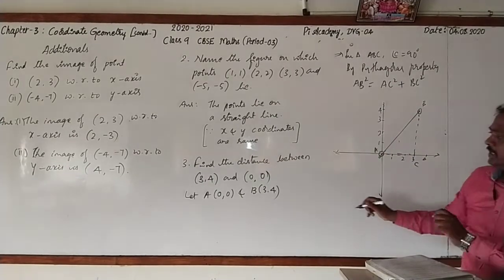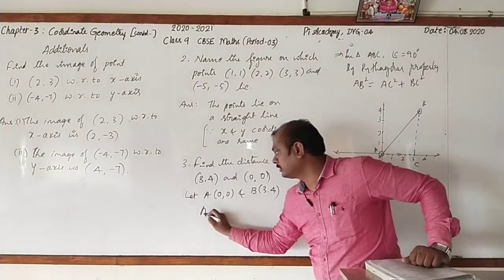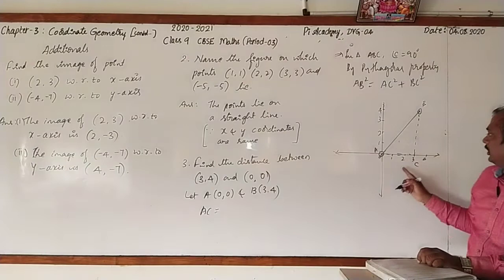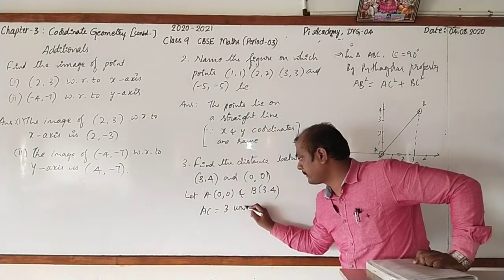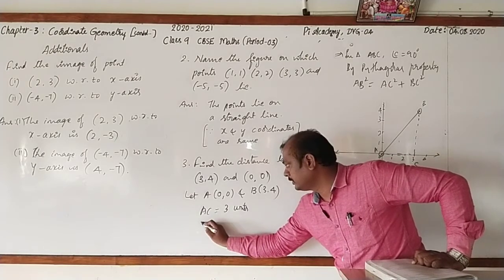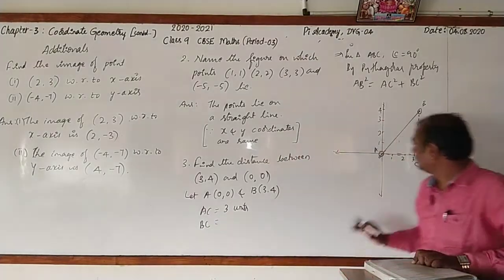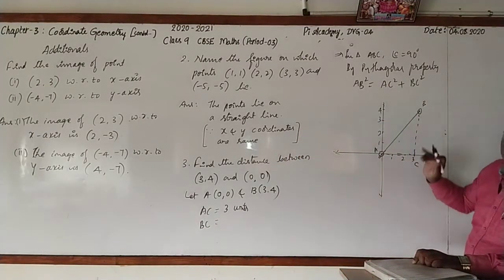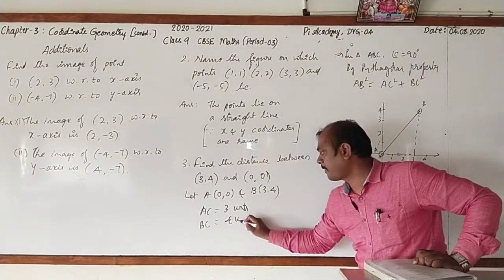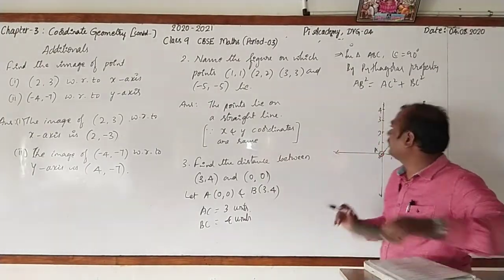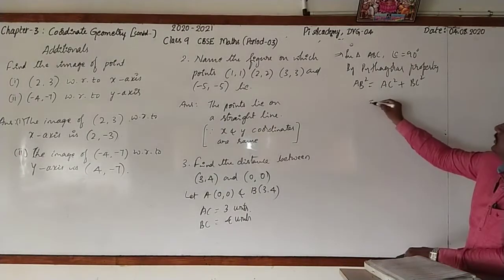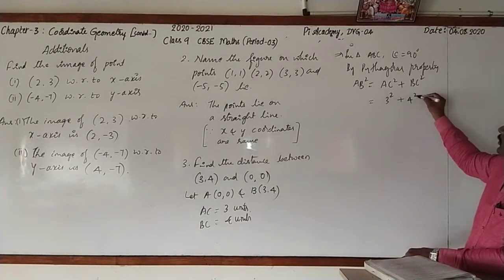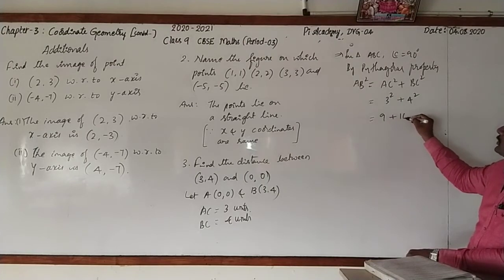Then what is AC? Here I will write. AC equal to how much? 3 units. Then BC, observe how much it is? 4 units. Now, I will go for substituting. It is 3 square plus 4 square. 3 square is 9, 4 square is 16.